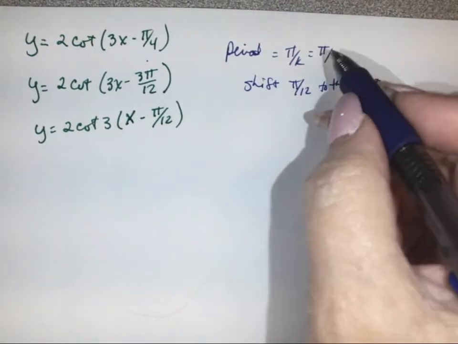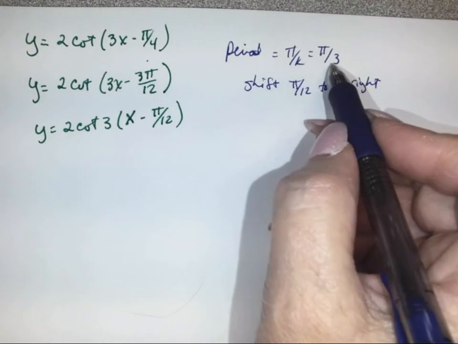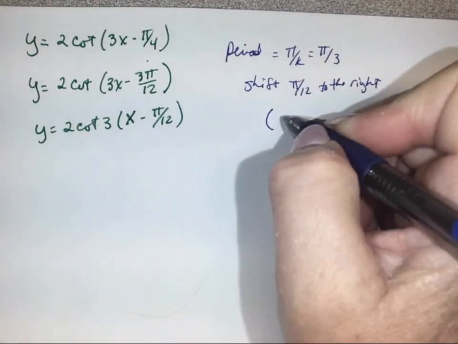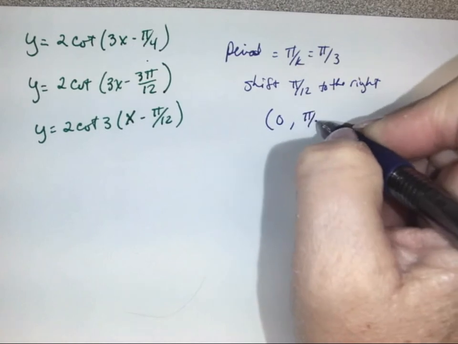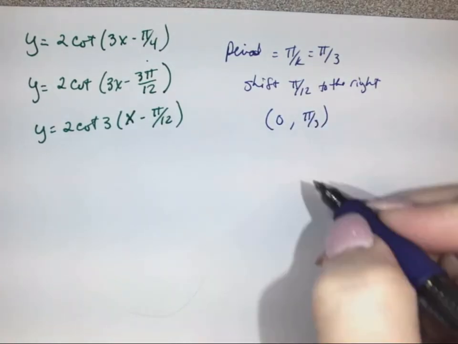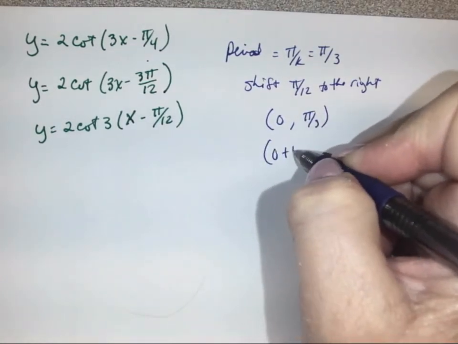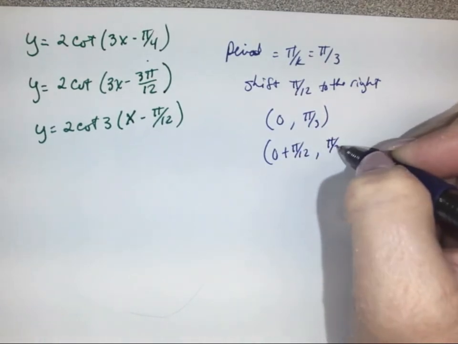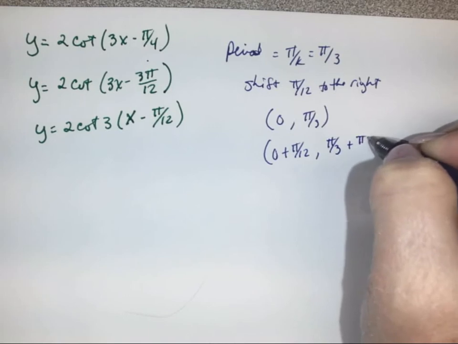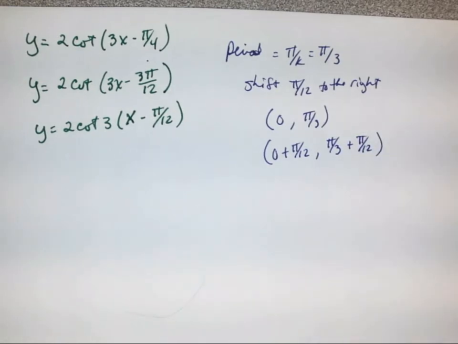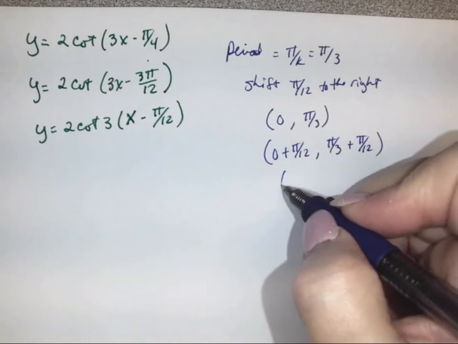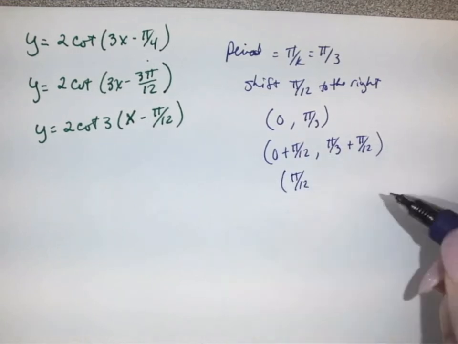So if I know that my period is pi over 3, this one cotangent starts at 0. So I know it's 0 to pi over 3. But because of the shift, I'll have 0 plus pi over 12, and then pi over 3 plus pi over 12. Well, the first part is easy because it will just be pi over 12.